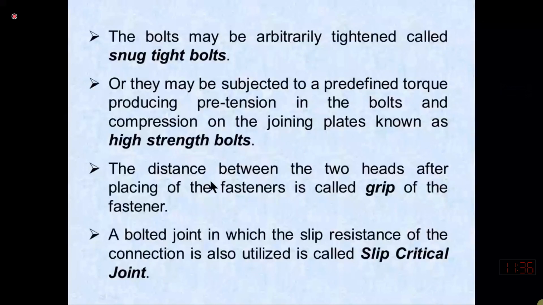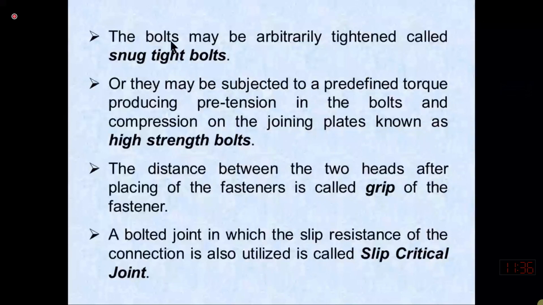There are different types of bolts available in the market, and depending upon the bolt diameter, we can provide the pre-specified pre-tensioning. The diameter of the bolt is available in millimeter. We have an M15 bolt; M15 means that the diameter of that bolt or rivet will be 15 mm.